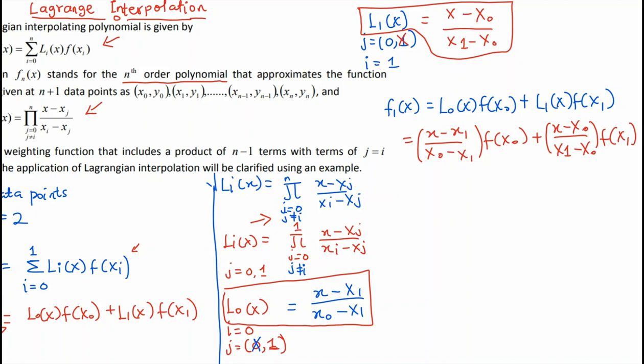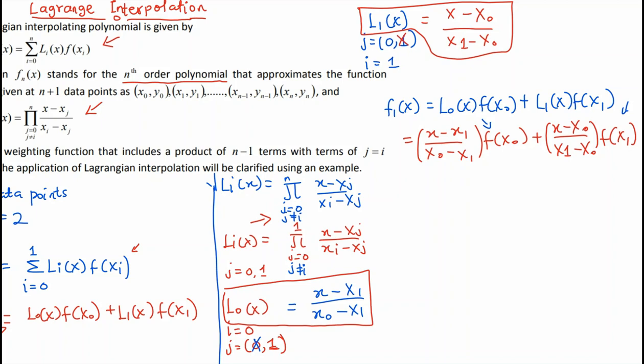For this polynomial, you know all the values. You're going to know f of x naught based on the data points you have, and you know f of x1 also, and you know x1 and x naught also. The only value you will not know is the x, which will be the value of x you want to use to find a particular y. That's what the Lagrange interpolation is about.